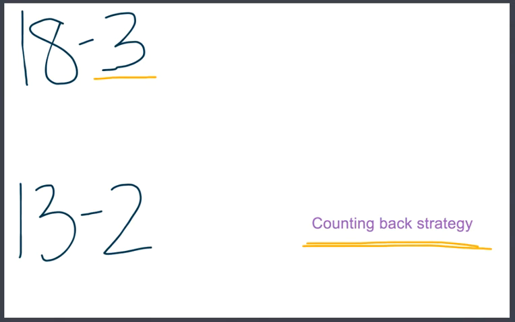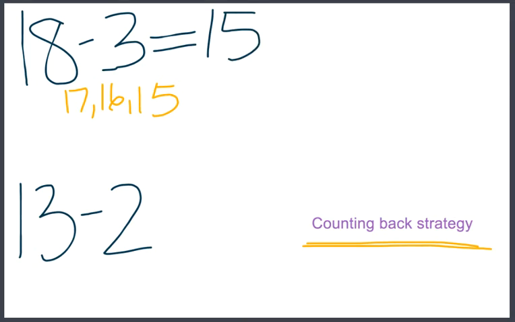So when we look at this problem, 18 minus 3, it is easy to count back because 3 is a small number. So we start at 18 and we count back 3 numbers from 18. 18, 17, 16, 15. 18 minus 3 equals 15.